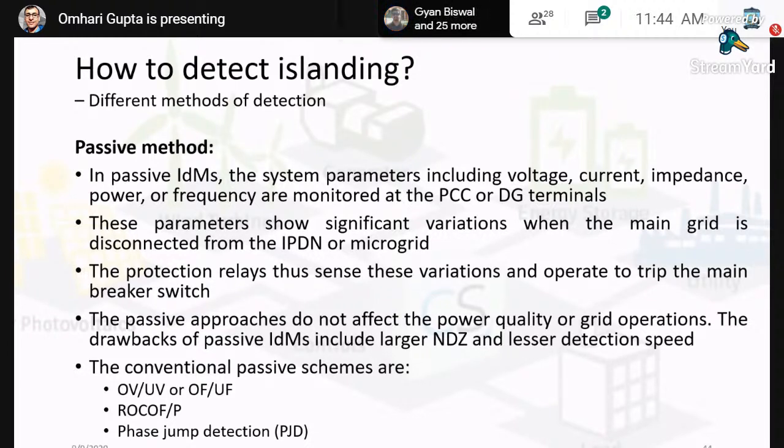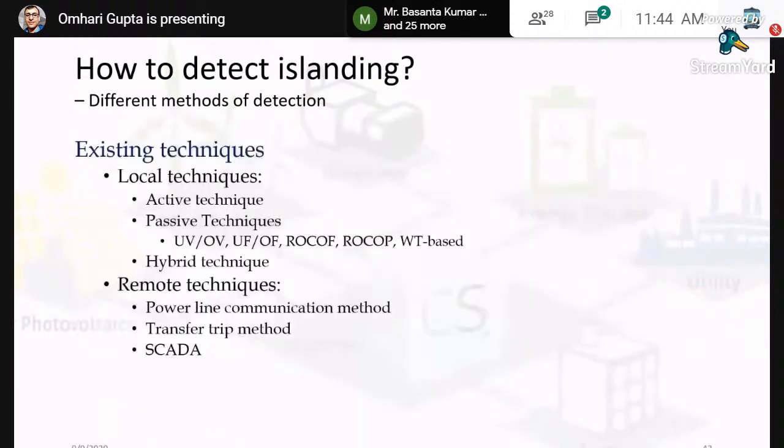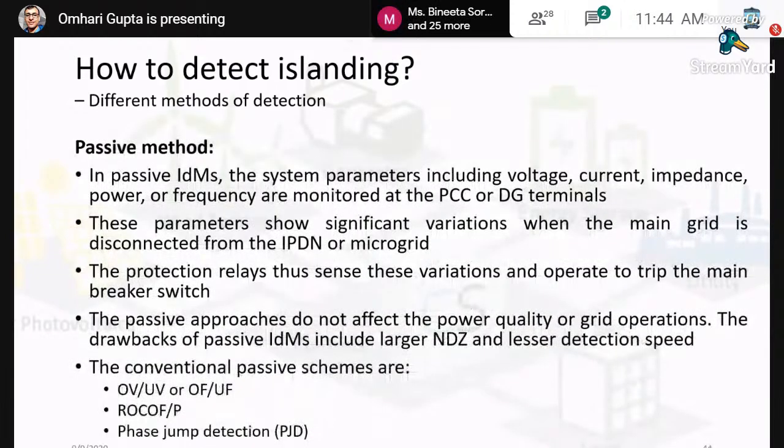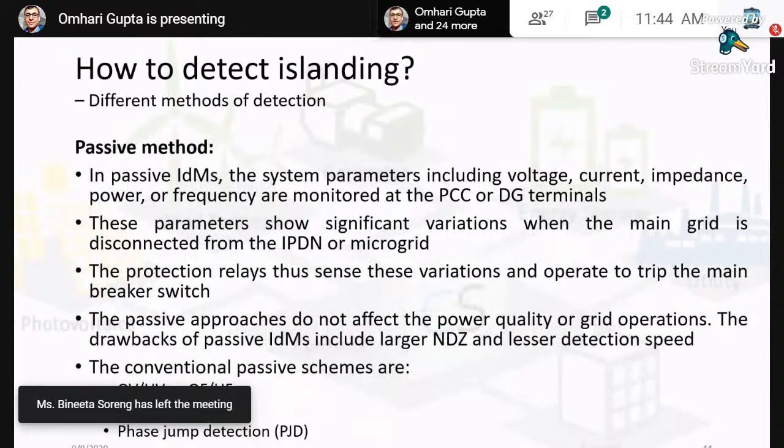And lesser detection speed is another disadvantage or limitation of this passive method. Okay, conventional passive methods are written here. We have already discussed them here as well. Okay, those are under voltage, over voltage, frequency over frequency, rate of change of frequency, rate of change of power.